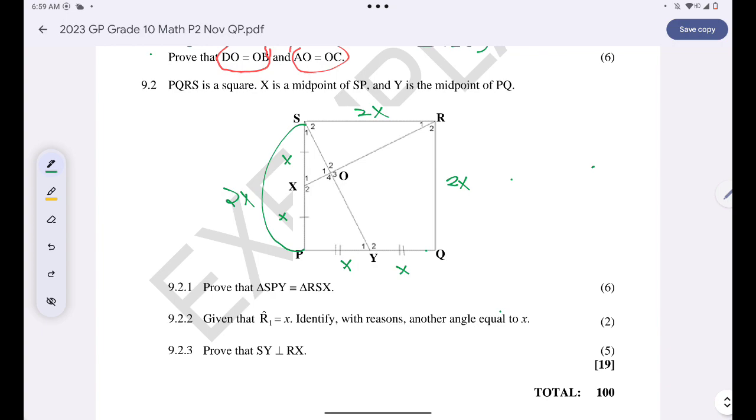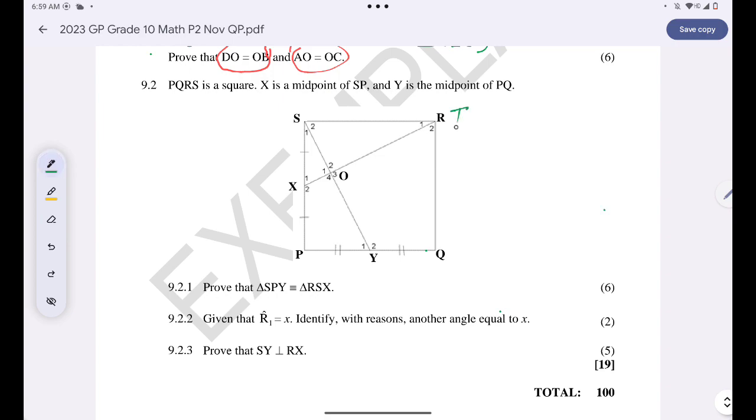So I can therefore prove congruency here by just doing this. I'm comparing two triangles, right?